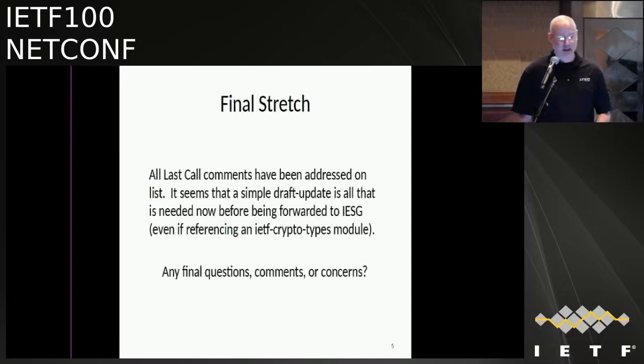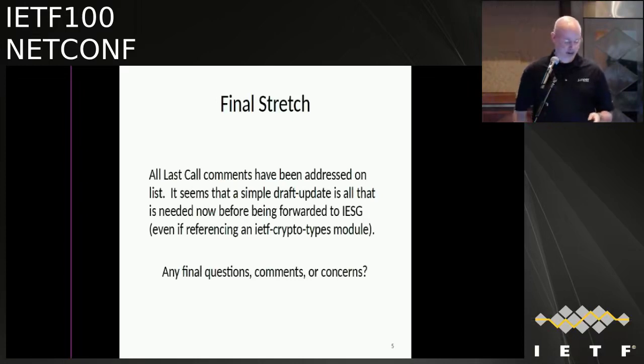So here we are on the final stretch. All last call comments have been addressed on list. It seems that a simple draft update is all that's needed now before being forwarded to the IESG for consideration. And that's even if we wanted to adopt this IETF crypto types module. If we wanted to introduce a normative reference to that, it's just adding an import statement and referencing that type rather than the type that's embedded into the module itself.